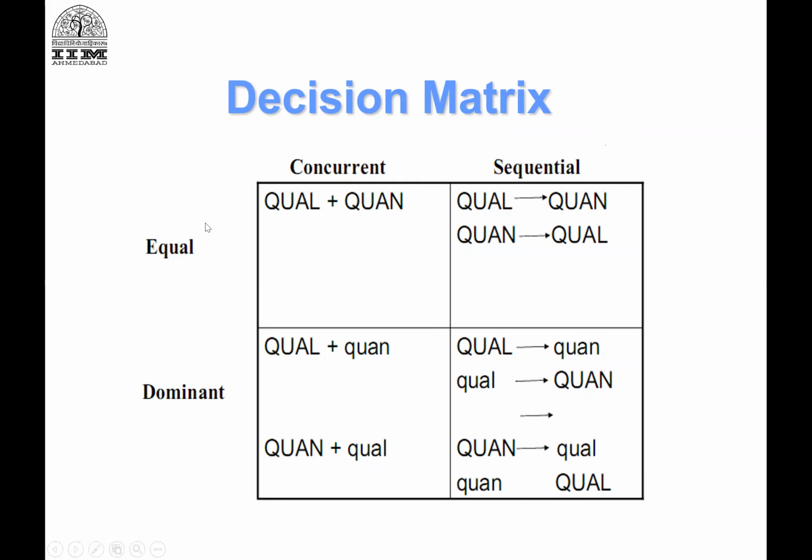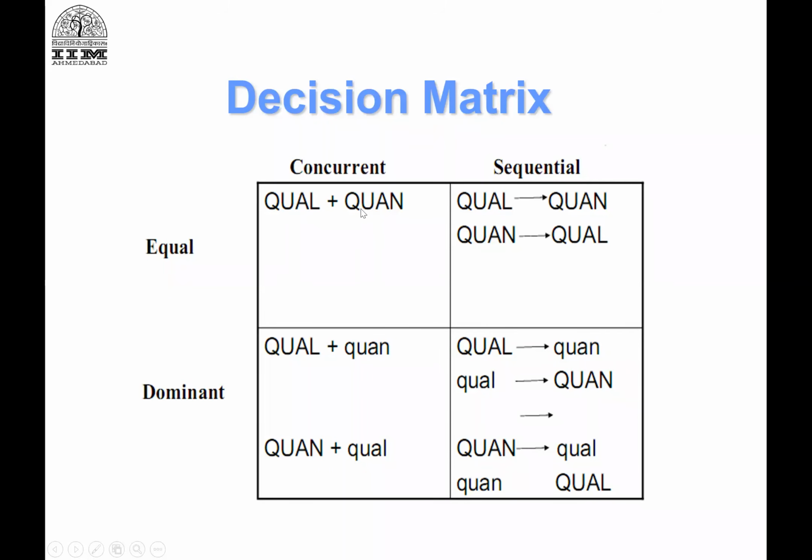And the emphasis, that means which of the two is more important or dominant in your study. In this case, both of them are equally dominant or equally important, and therefore both of them are written in capital letters.